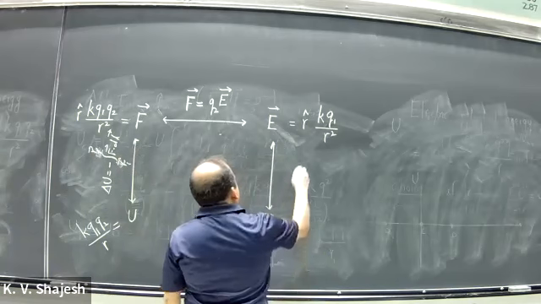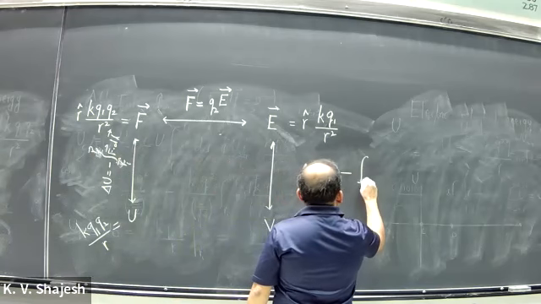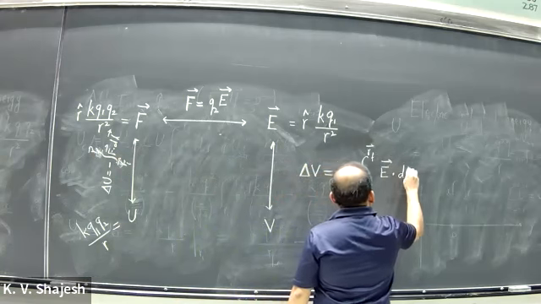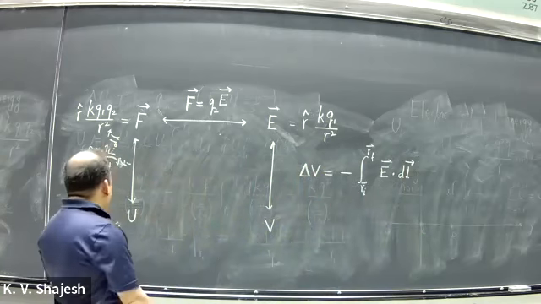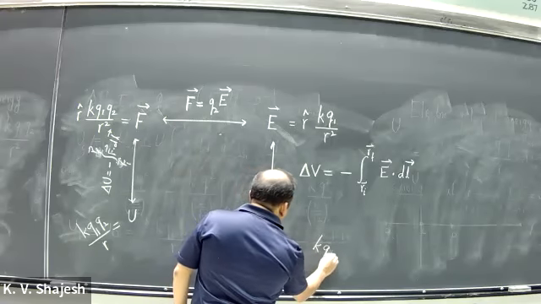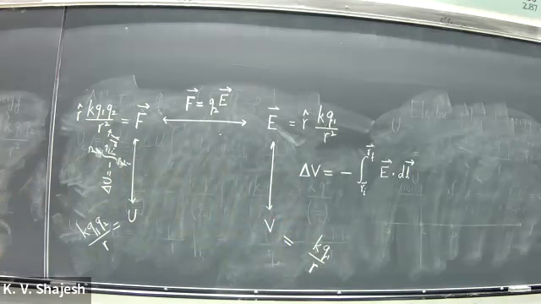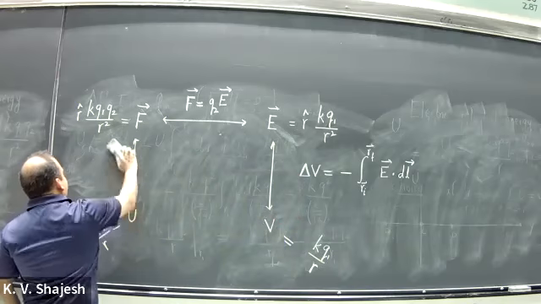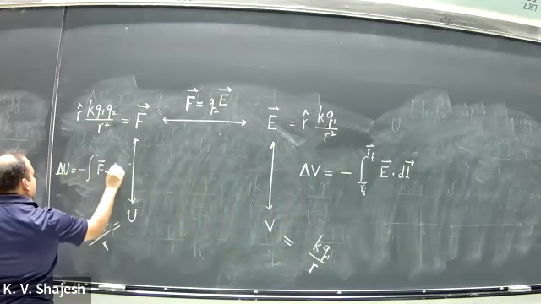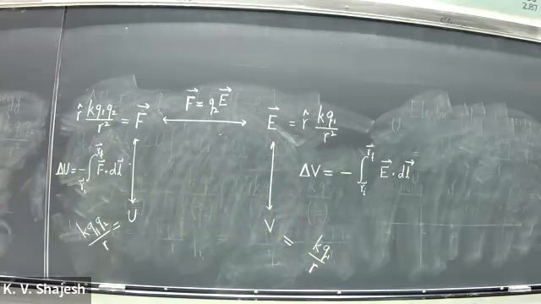Suppose that's minus the integral from initial to final of E dot dr. And this leads to kQ1 over R. And then we ask, there must be a connection here.